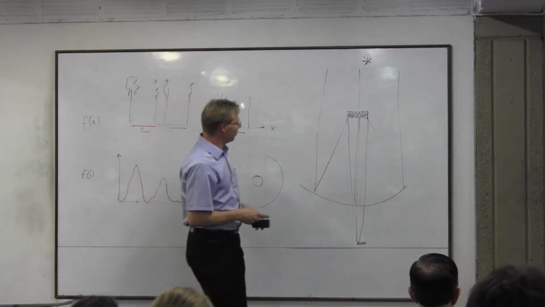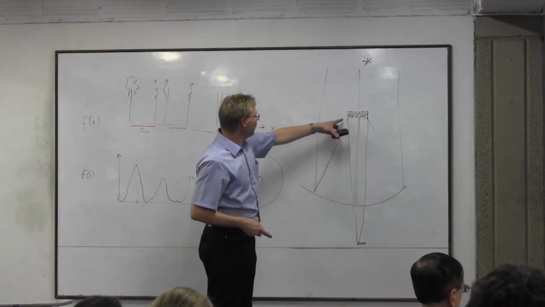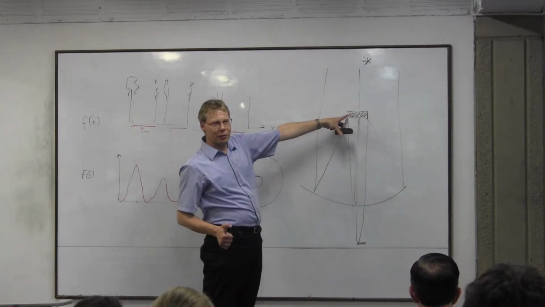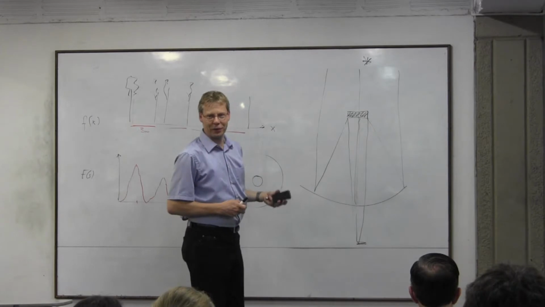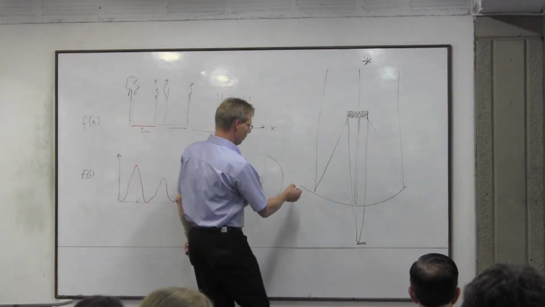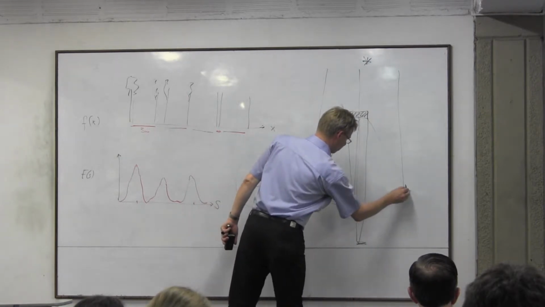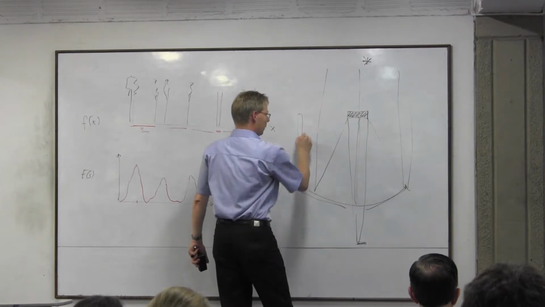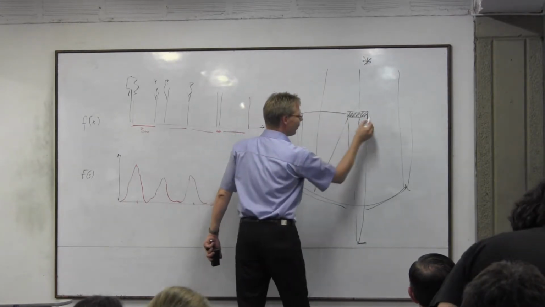Now for practical reasons, since we live on a planet with gravity, that mirror would fall down if it wouldn't be held in place by something. So this is why your telescope has some structure here, you have some cables going over here.